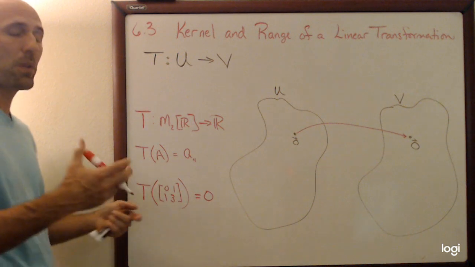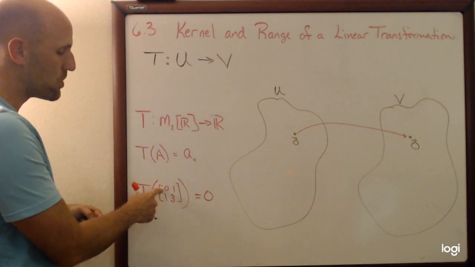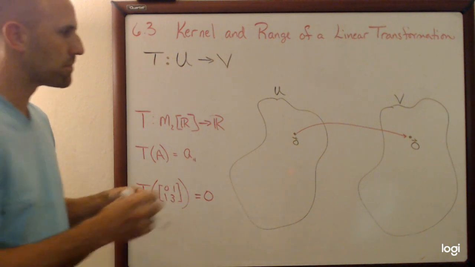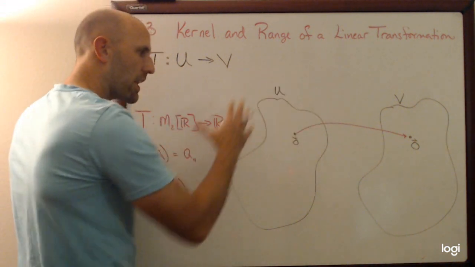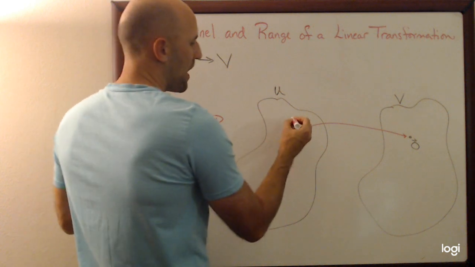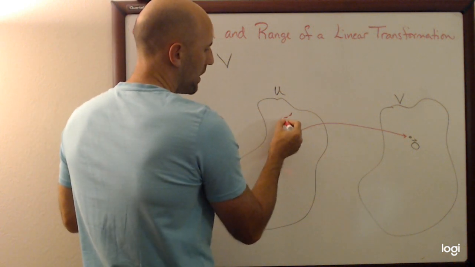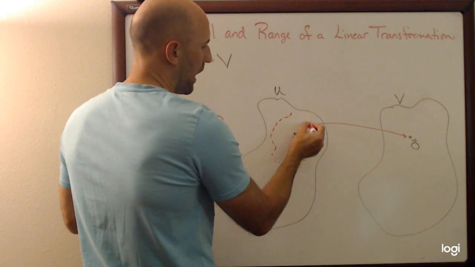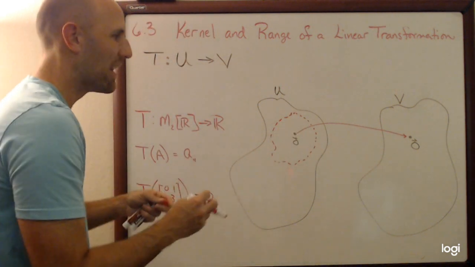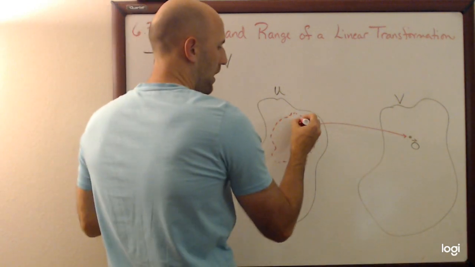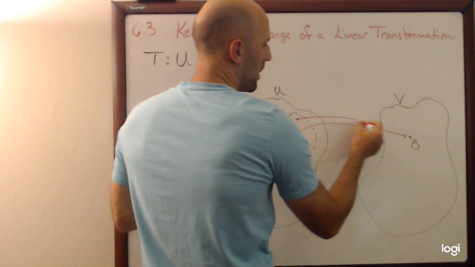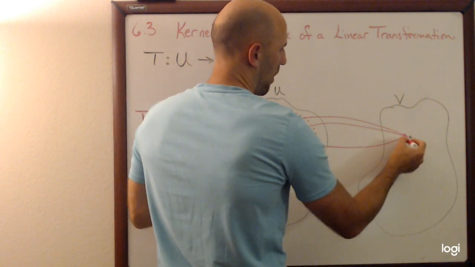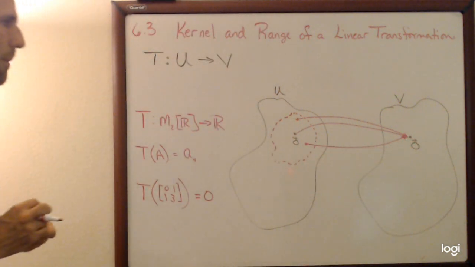In fact, the only matrices that don't get mapped to 0 are the ones that don't have a 0 in their 1, 1 entry. And so it's possible that inside of U, inside of my domain here, maybe I've got a whole group of things, and all of these things in here, they all get mapped to 0, right? All of them.